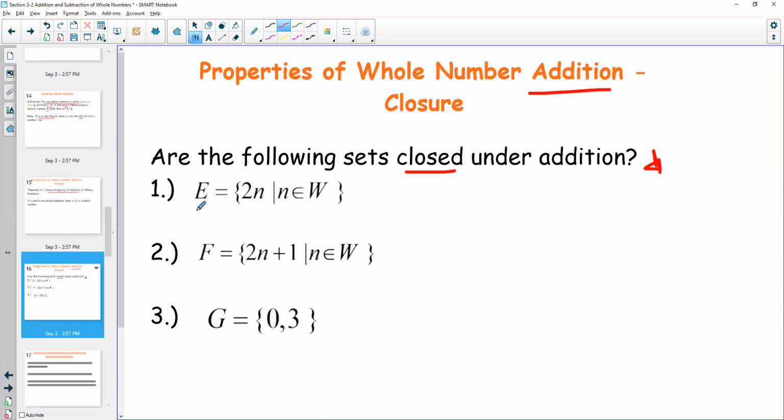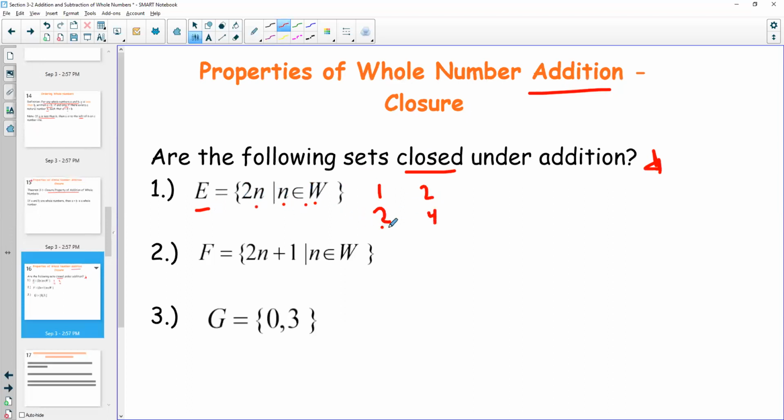So let's look at this one. This one says set E equals 2 times n, where n is any element of the whole numbers. So what does that actually mean? Think about numbers that would work. If n is 1, 2 times 1 is 2. If n is 2, 2 times 2 is 4.